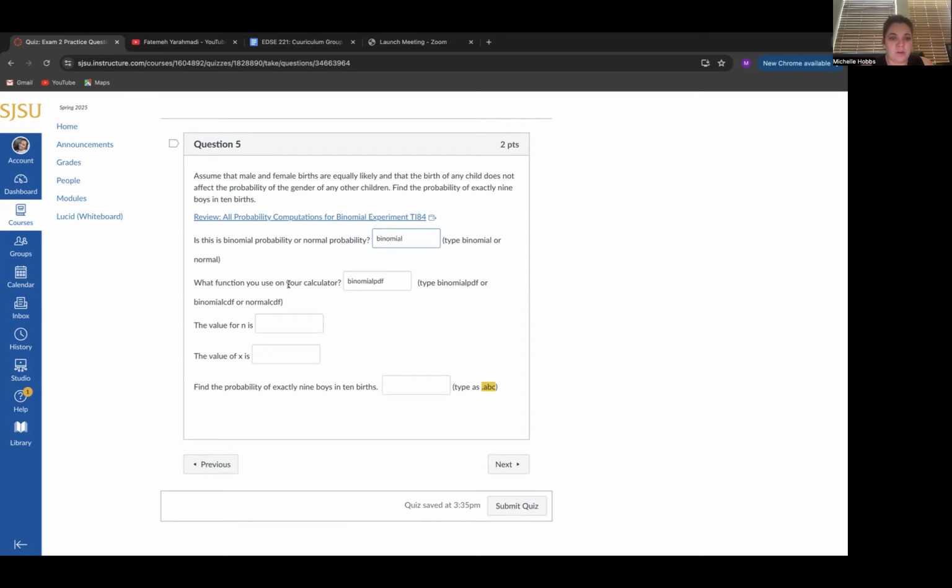And then what function would you use on your calculator? I think binomial PDF. Just checking my notes.